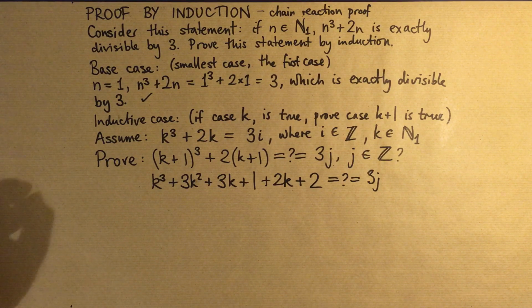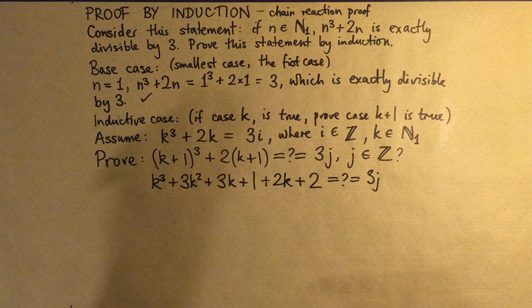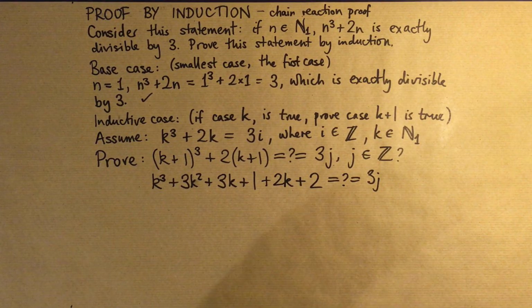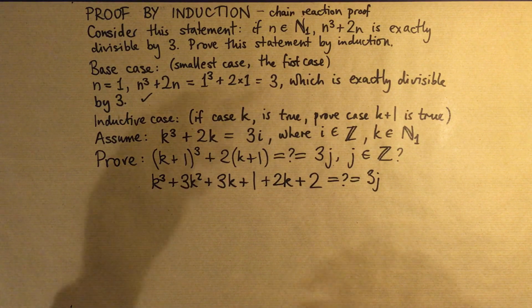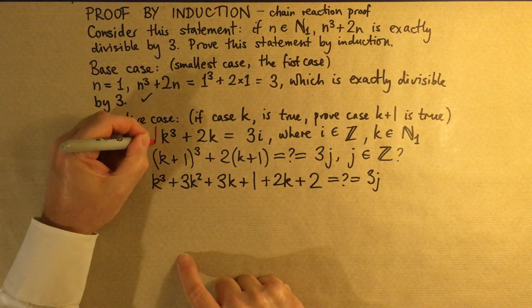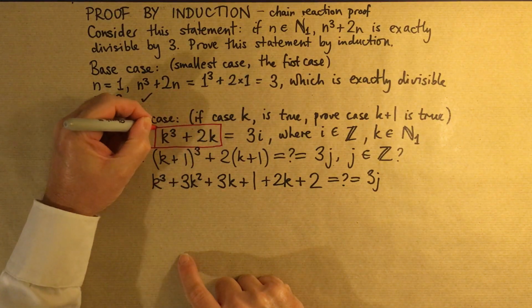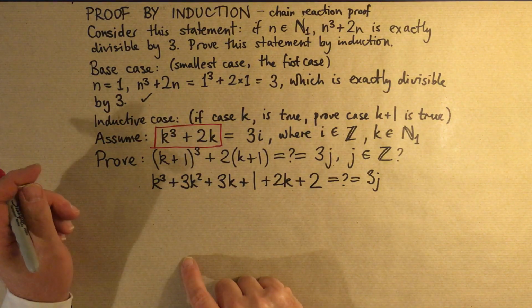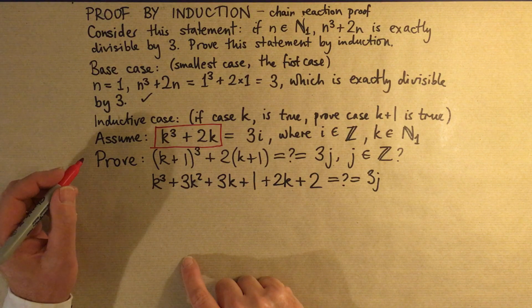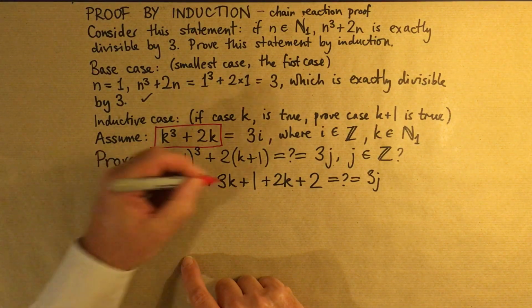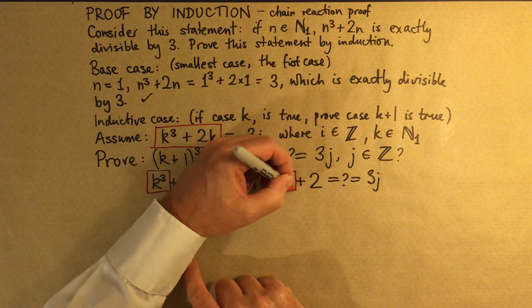Now this is where we can use our assumption. So let me get a slightly different colour of Sharpie. And what I'll do here is put a red box around that. k cubed plus 2k. Well, I've got a k cubed here and a 2k there.